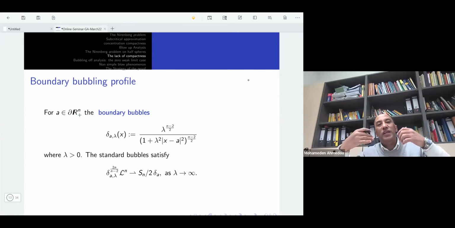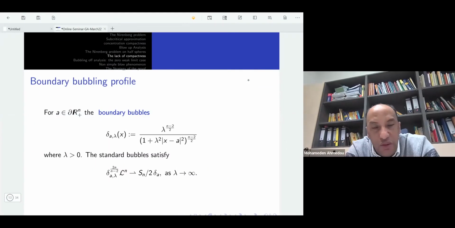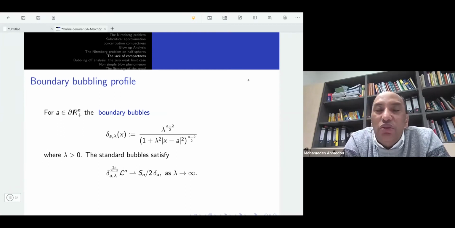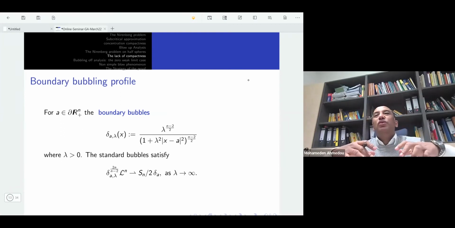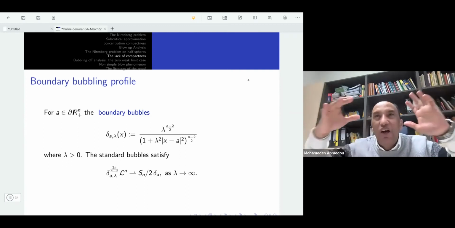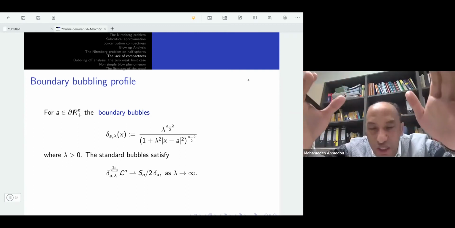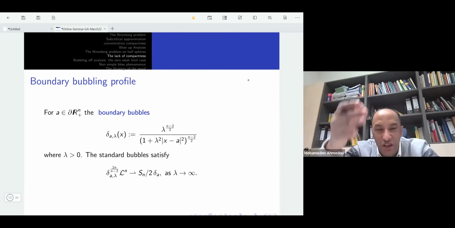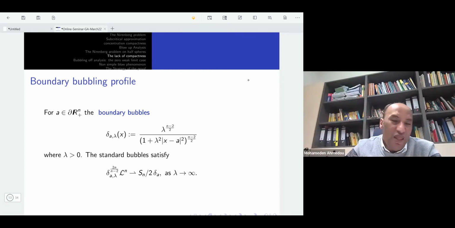The reason why you find this kind of concentration of compactness is that if you make a scaling for a point going to the boundary, then you get a bubble, but a bubble sitting on the boundary. And the only difference here is that this bubble will have half the energy of a bubble which is in the interior. So this is the only difference.